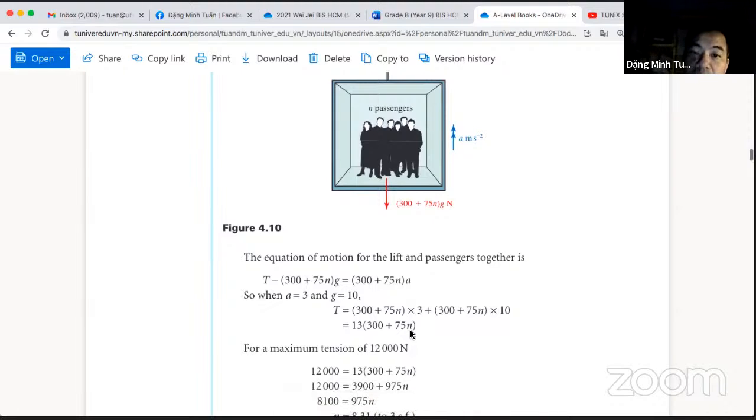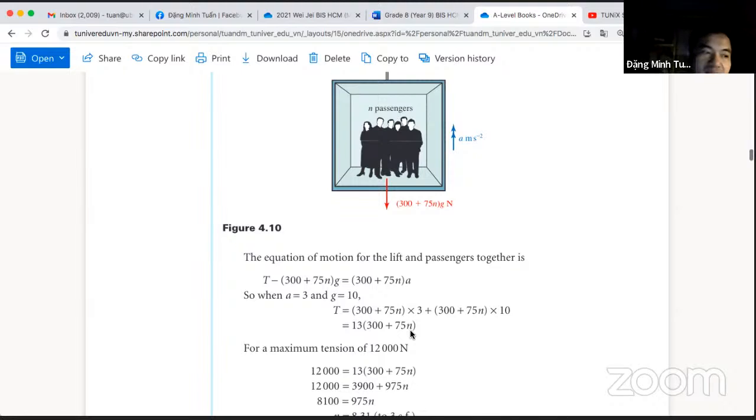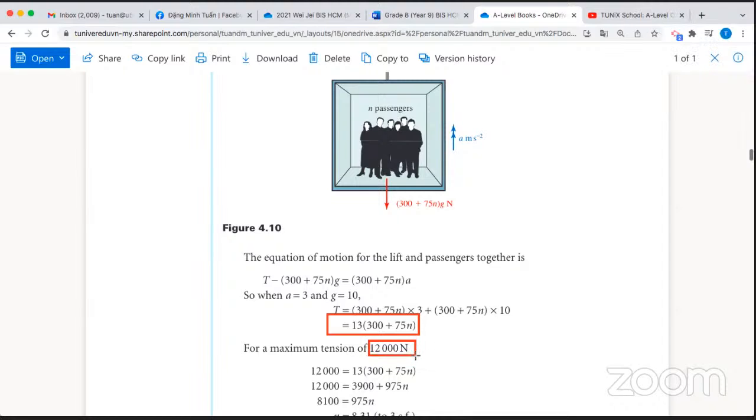Now for the maximum tension, that means what can hold the lift, the maximum is 12,000 Newton. So the formula of T here must be smaller than or equal to 12,000.